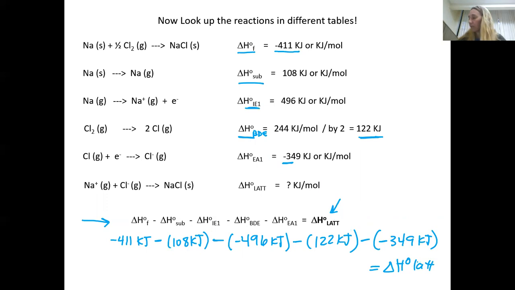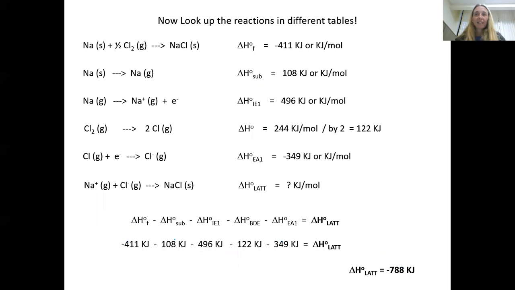Okay. So again, I took each of these variables and substituted the numbers into the equation. I'm going to go to the next slide, and I've lined them up a little bit so you guys can see.